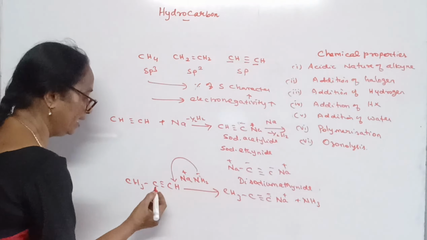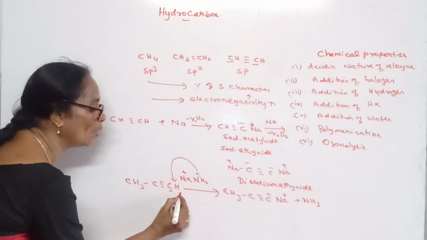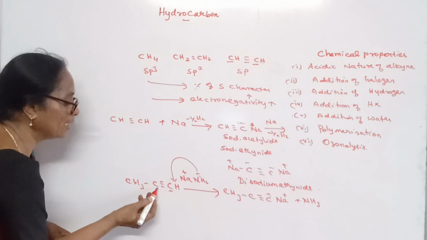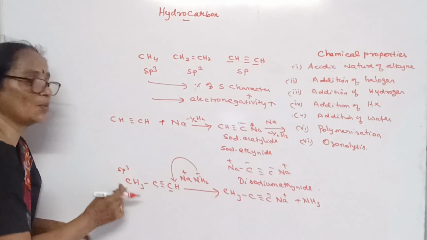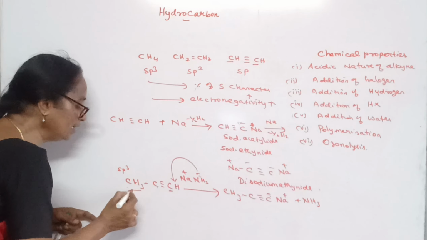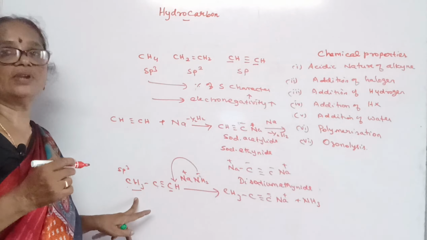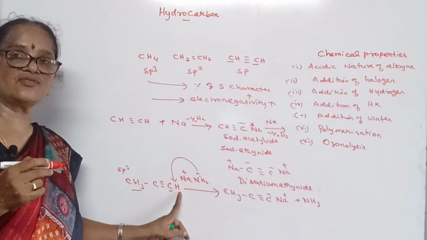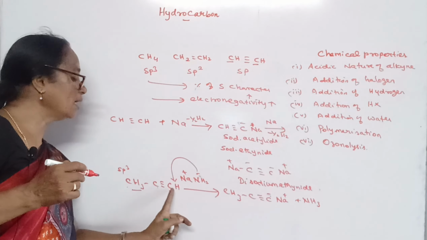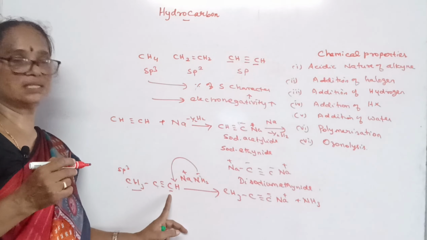See that here the carbon has only one acidic proton, but the other carbon is bonded to the sp3 hybrid orbital of the alkyl group. So, you can't remove any of those hydrogens as a proton. Acidic protons we can find only on the carbon of the carbon-carbon triple bond system.